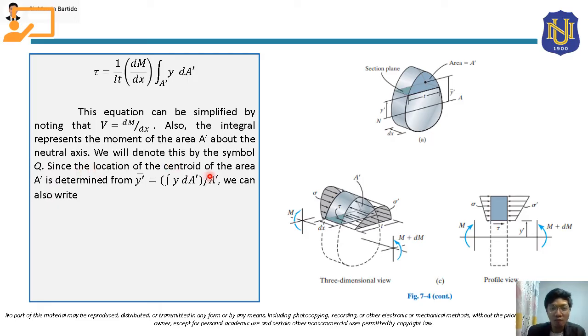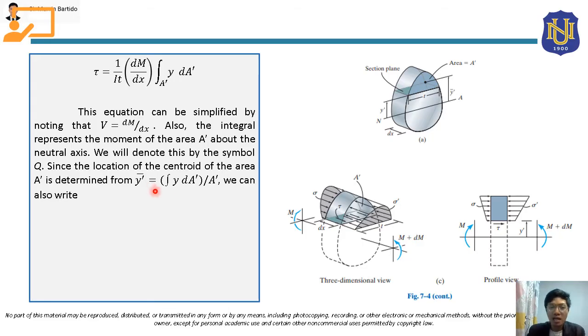Since the location of the centroid of the area A prime is determined from y bar prime equal to the integral of y dA prime over A prime, class, you learned this from your statics of rigid bodies, how to determine y bar, or the y coordinate of a centroid.